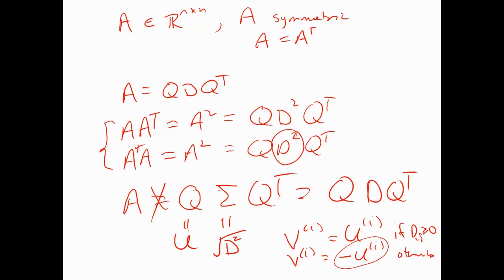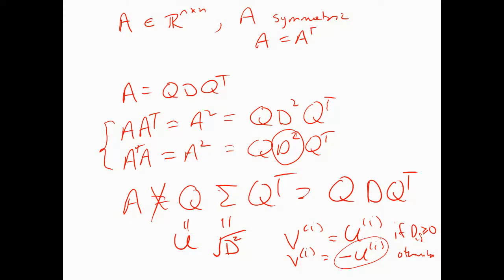Now, there's not a problem with the construction that we had. The problem is not with the construction. It's just that I wrote down A transpose and A transpose A and looked at their eigenvector eigenvalue decompositions. The point is that the eigenvector eigenvalue decomposition of a matrix is not unique.